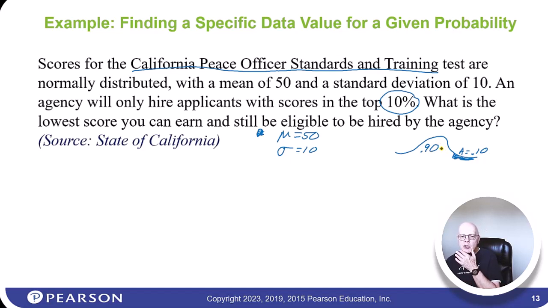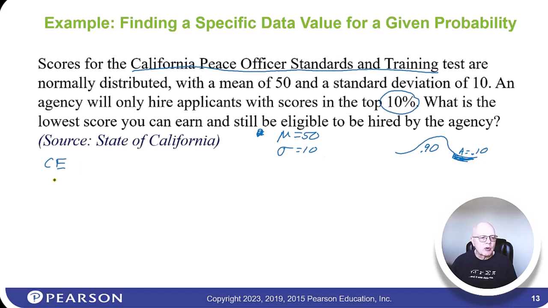Now here are two ways of doing it, depending on your calculator. If you've got the CE version, that means you can tell the calculator where that area is. In this case, the area is on the right. We've got the top 10% of the people who are going to be entered into that training if they want.